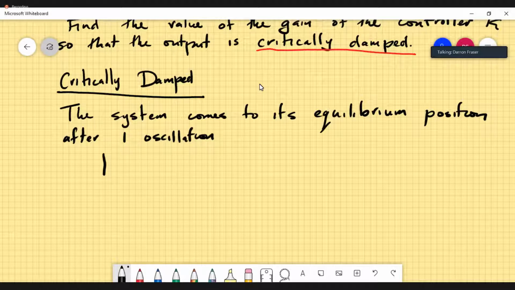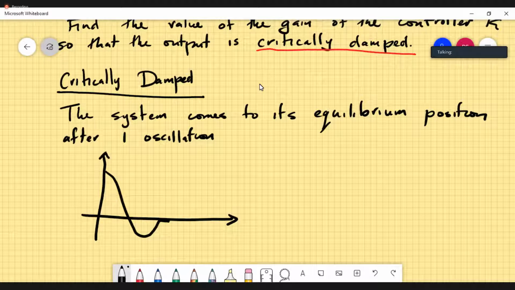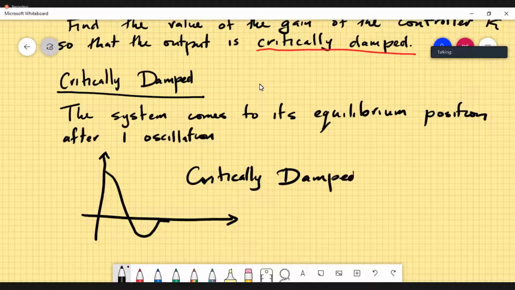So if we were to look at it graphically, let's look at it this way. So it comes to rest in one oscillation.